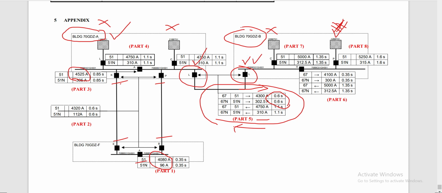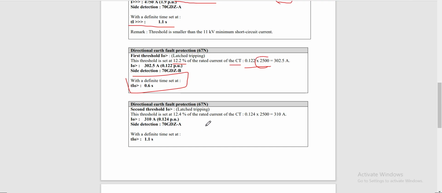Next, the second threshold will also be 12.4% of the rated current of the CT, which is 0.124 times 2,500, the rated current rating of the CT. So our second threshold pickup for our earth fault protection is 310 ampere at 0.124 per unit.